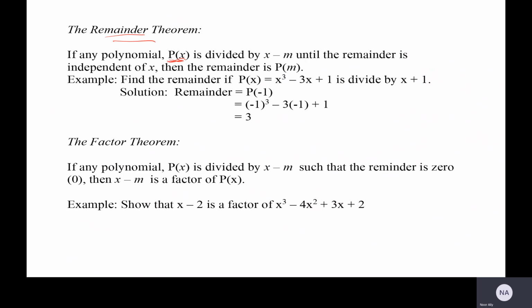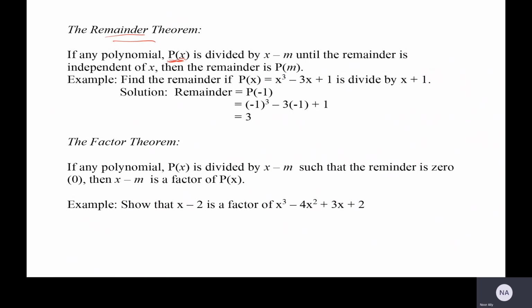Now, what we are looking for here is, without doing long division, would I be able to find the remainder, which in many cases becomes important where we only need to know the remainder.